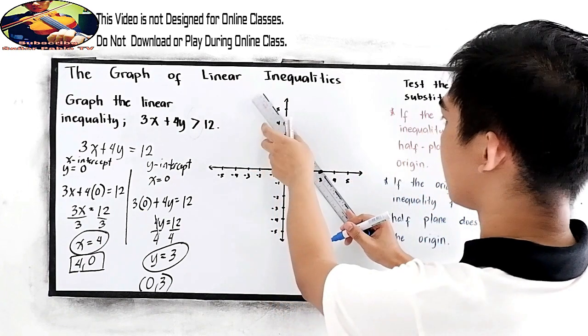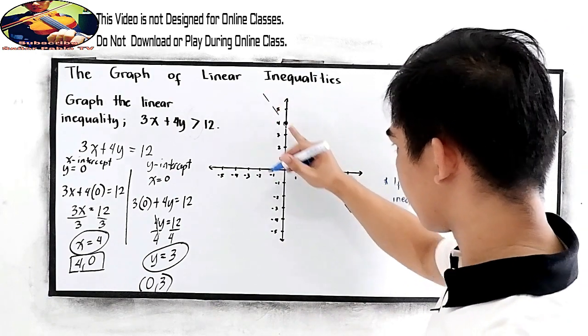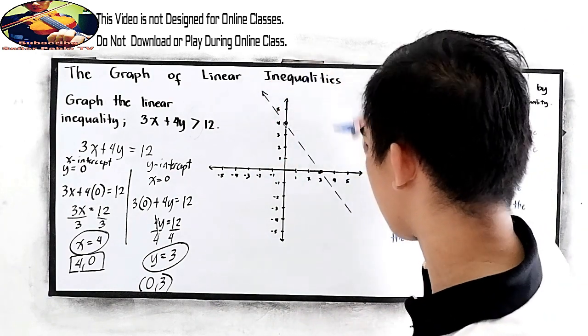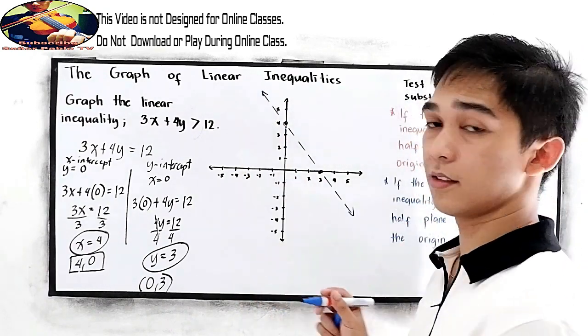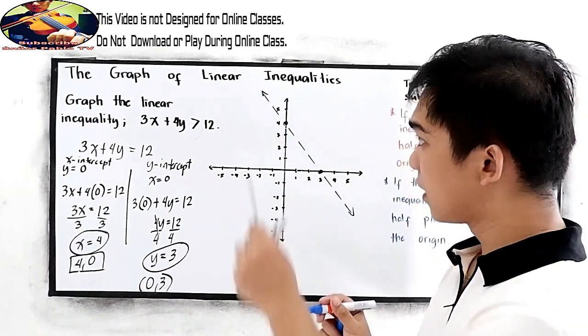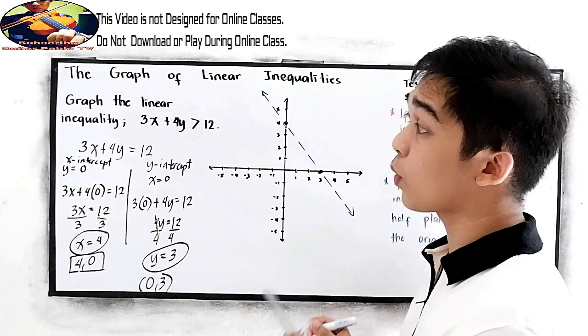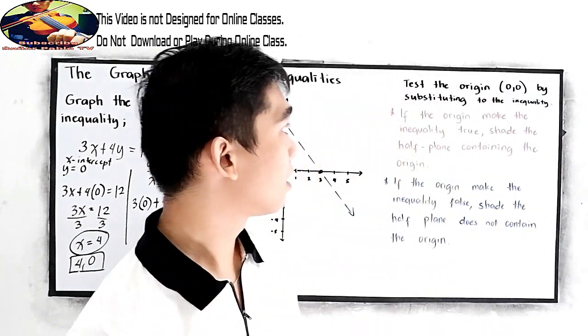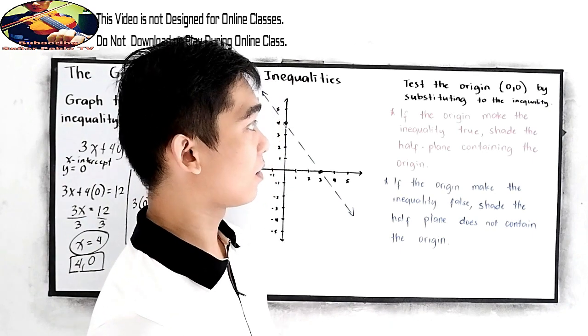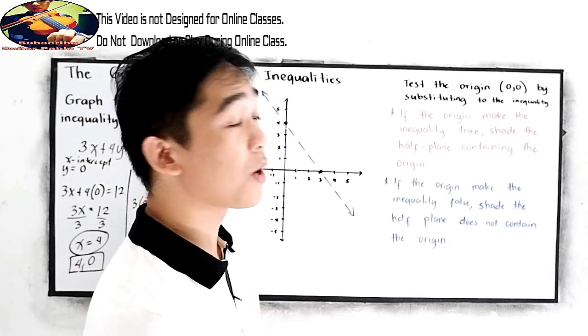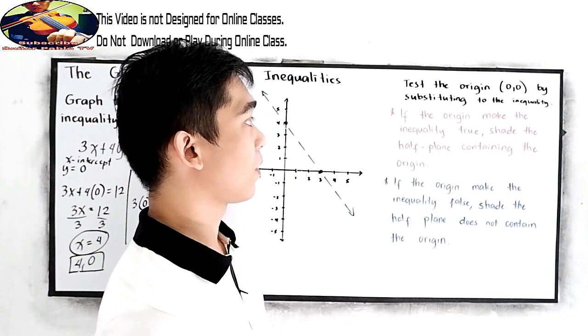That means, okay, that means this is our line. Now, in a linear inequality, we have this testing the origin, the (0, 0). Okay, we need to test our origin.